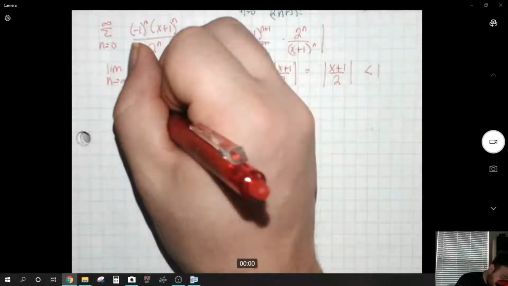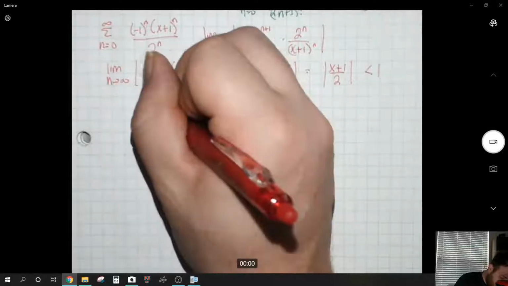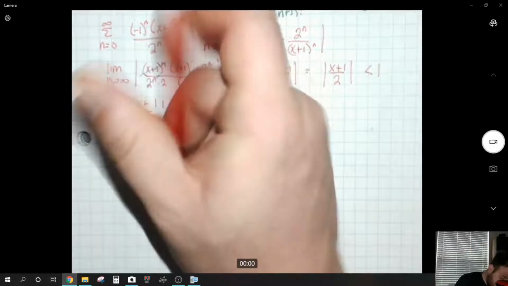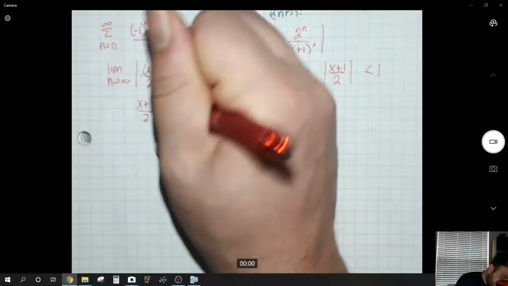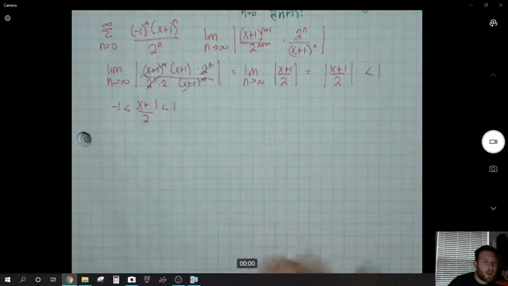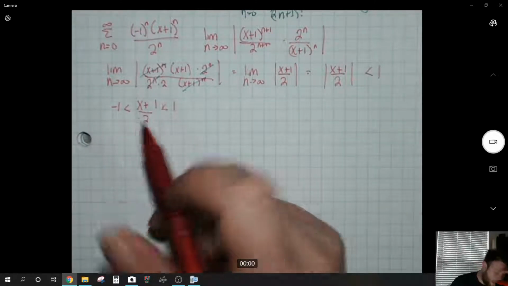So I'm going to go ahead and say, well, x plus 1. Let's go ahead and drop the absolute value bars. Okay, multiply everything by 2 to get rid of this divided by 2.